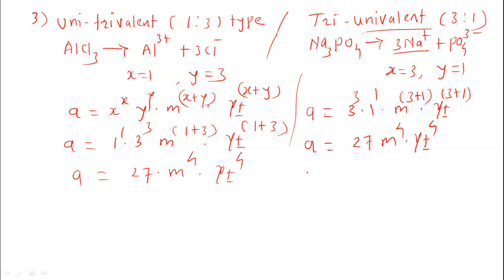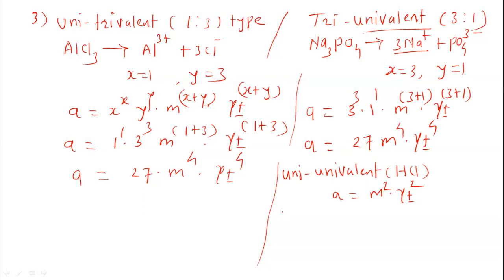So for unitrivalent or triunivalent, we get the same expression for the electrolyte. Thus we derive the expression for the univalent electrolyte, example HCl, and the activity is equal to m square into gamma plus minus square.